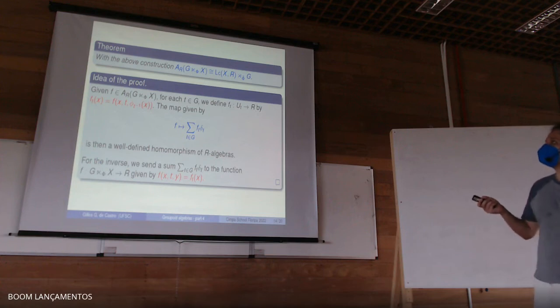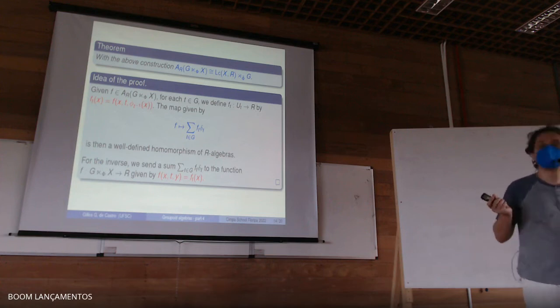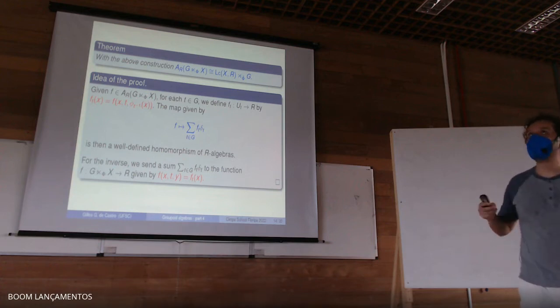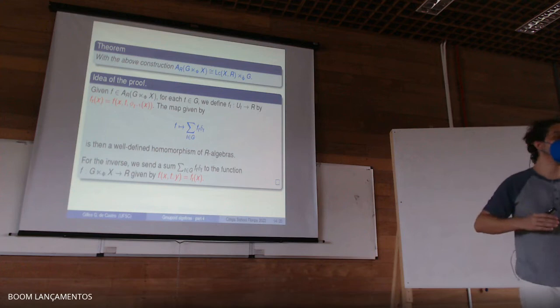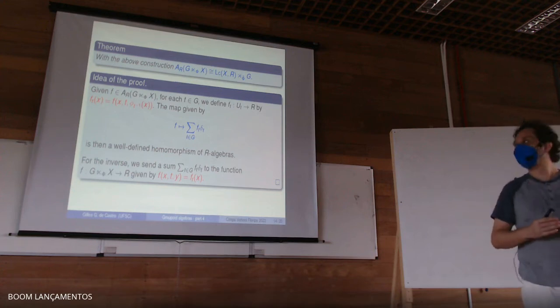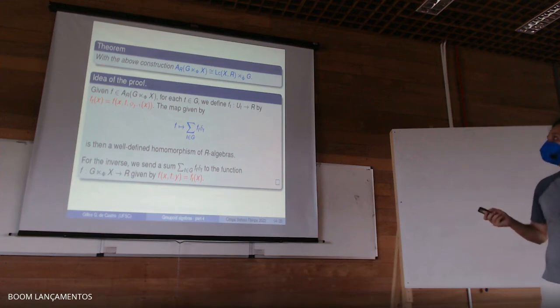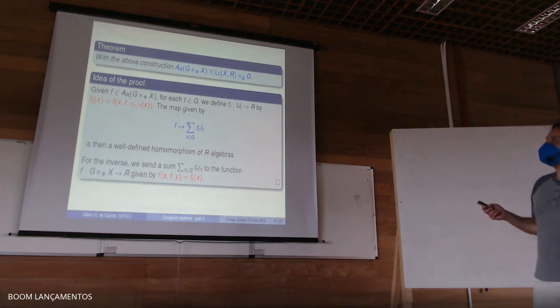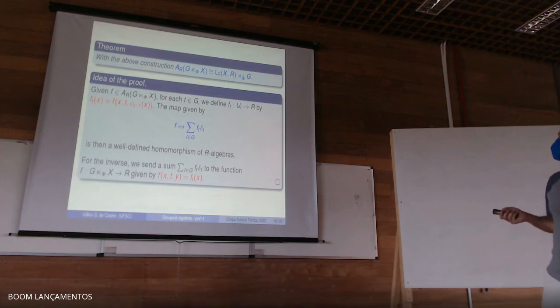And another thing is that because this function has compact support, this sum is going to be finite. Because since G has the discrete topology, at most for a finite amount of t's, this function is going to be different from 0. And for the inverse, we take this sum, and then now we define a function on the transformation groupoid, which is basically the inverse of what we had before.